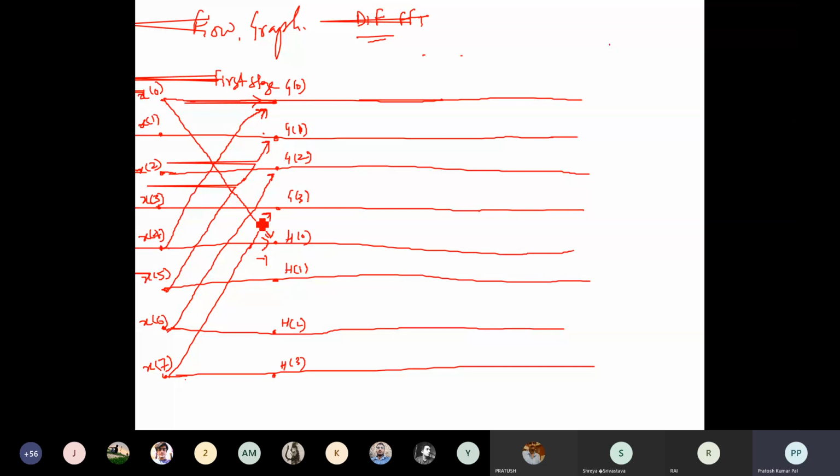Okay. Similarly, the next value will be found by adding these two. So x of 1 will be added with x of 5 multiplied by minus 1. That means x of 1 will be subtracted from x of 5, giving h of 1.